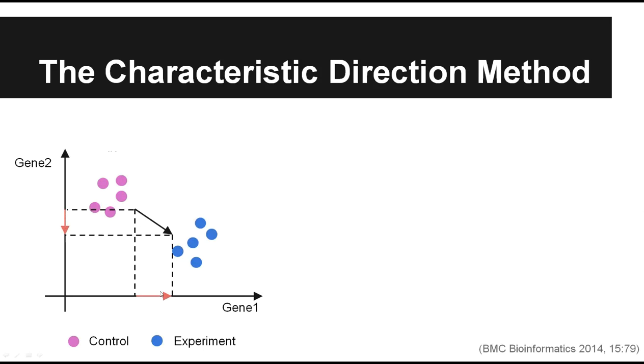In other words, gene 1 is more differentially expressed than gene 2. And if you examine the direction of these projections, gene 1 is positive and gene 2 is negative, which means gene 1 is upregulated in experiments and gene 2 is downregulated in experiments. So the signs of the components of this vector indicate whether a gene is upregulated or downregulated, and the squared value or magnitude of the components indicates how much a gene is differentially expressed.